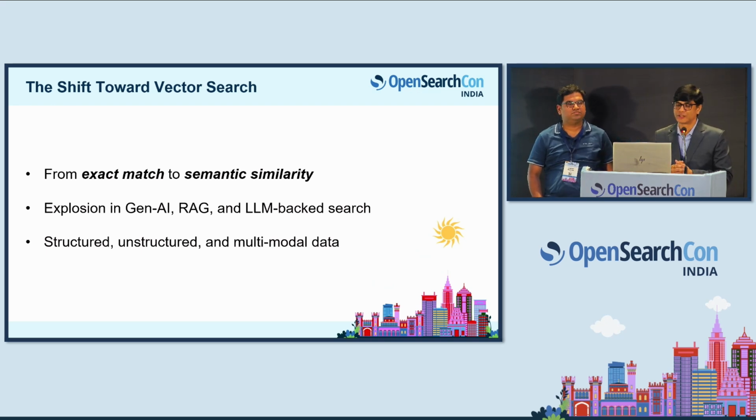So we have come a long way, almost 8 to 9 years of journey of vector search and vector database. It is heavily being used in AI, RAG, and LLM based search.